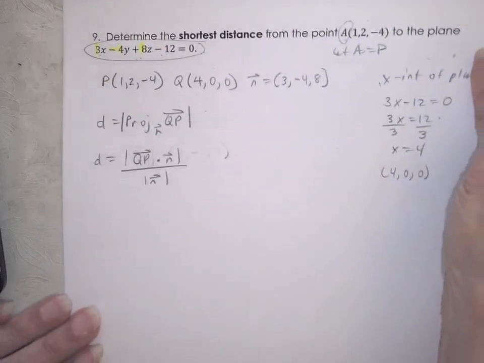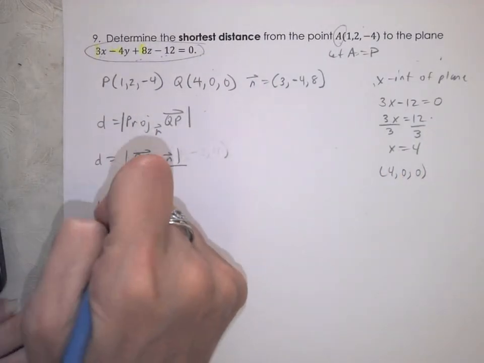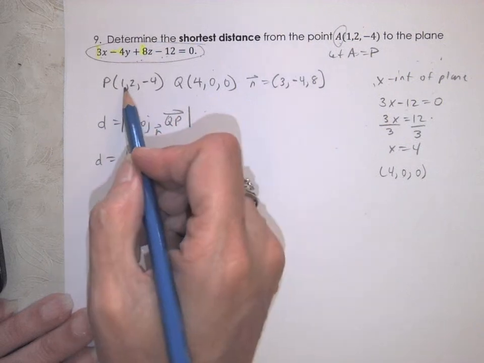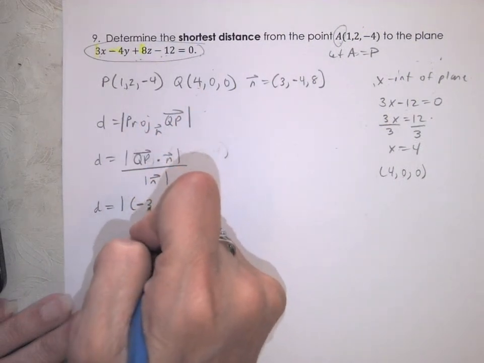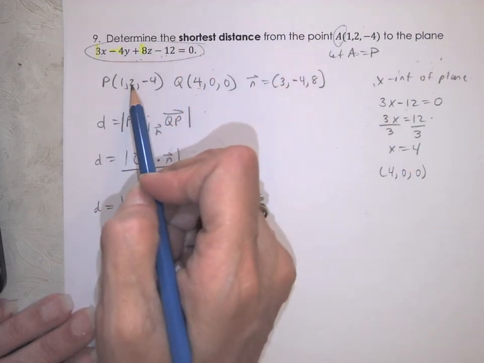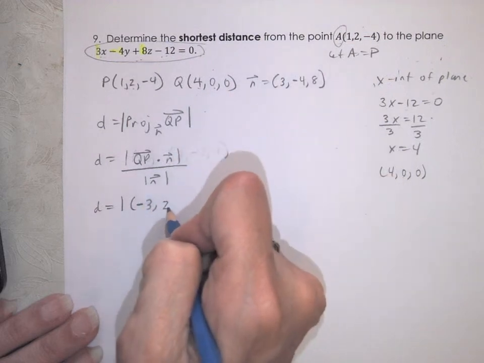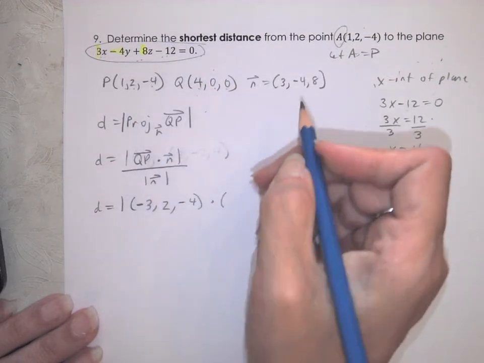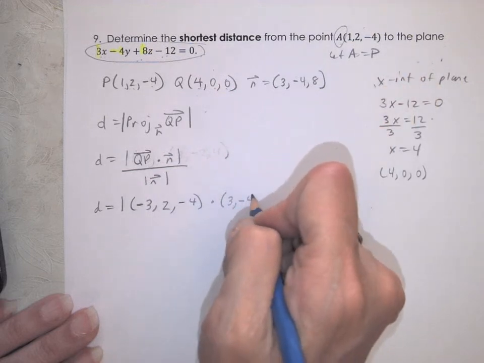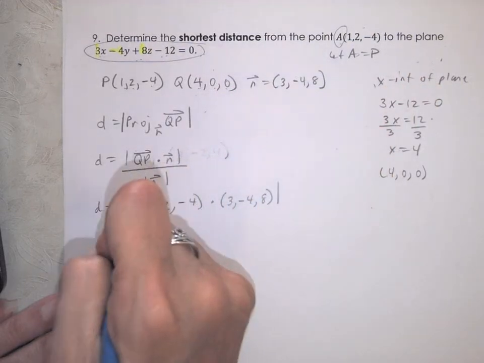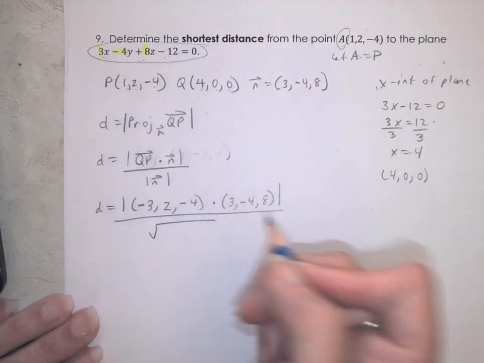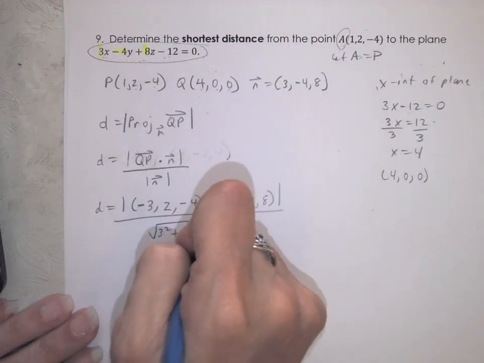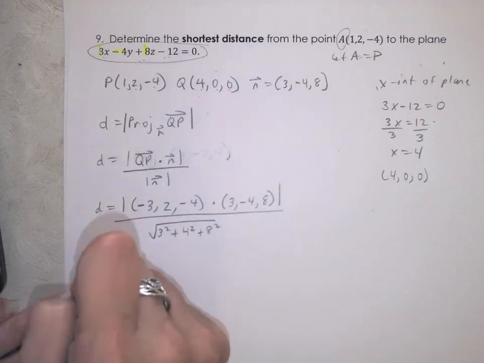Now let's find QP. QP is P minus Q. So it's 1 minus 4, negative 3. 2 minus 0 is 2. Negative 4 minus 0 is negative 4. Dotted with our normal, 3, negative 4, 8, over the magnitude of the normal, square root of 3 squared plus 4 squared plus 8 squared.